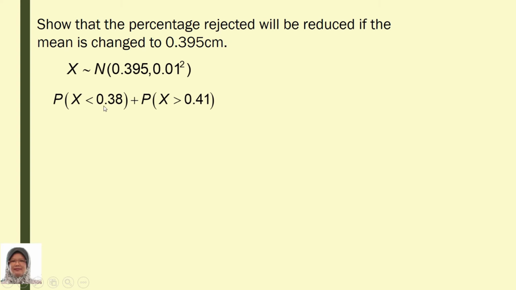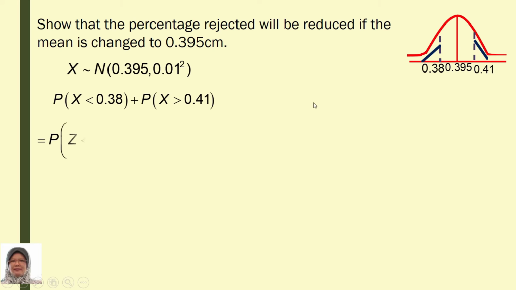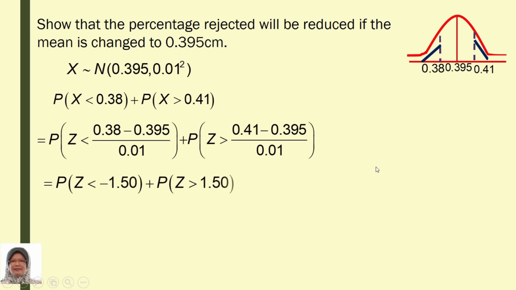P(X less than 0.38) plus P(X greater than 0.41). We look at the graph and change to the Z distribution, and we get P(Z less than negative 1.5) plus P(Z greater than 1.5).